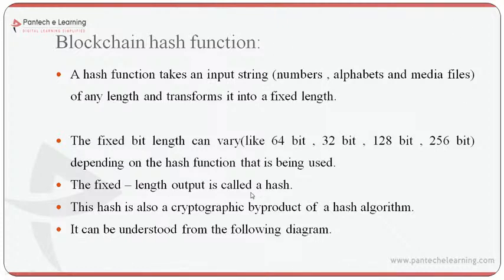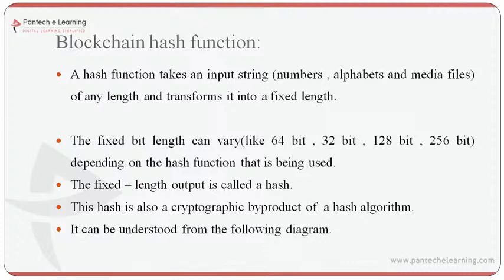It takes an input string, which can be a number, alphabet or some other files. It can be of any length and it converts into a fixed length sequence. So various cryptographic techniques are employed to convert a varied length input string into a fixed length sequence, and for that we employ various hashing algorithms.